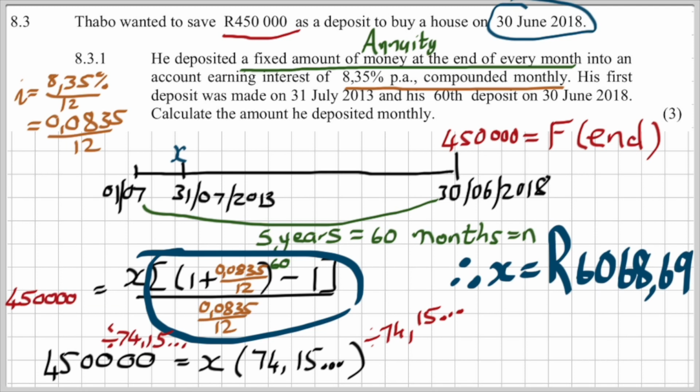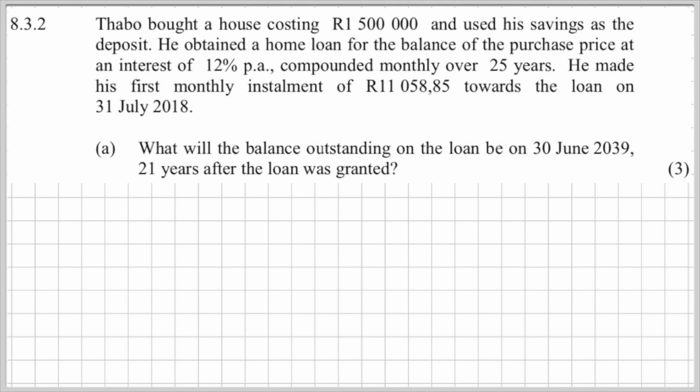Let's look at 8.3.2. Now 8.3.2 is a completely new sum. It says here Tabu bought a house costing 1.5 million Rand and used his savings as a deposit. So automatically that 450,000 Rand I've got to bring in there.